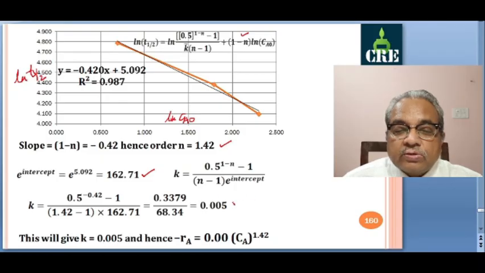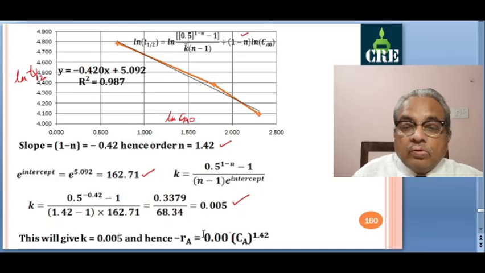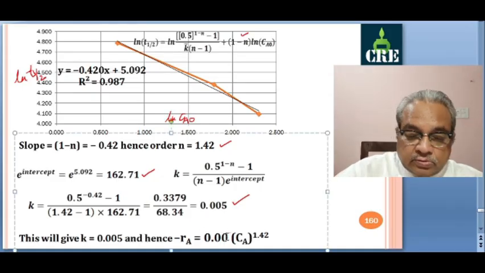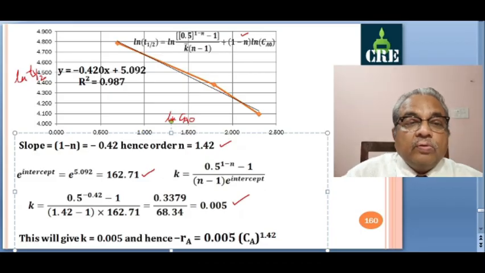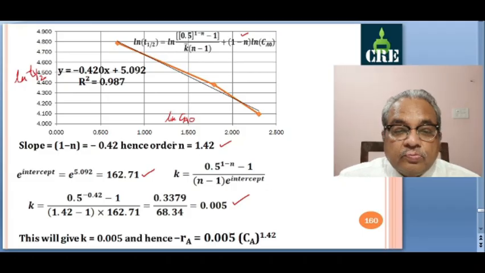When you calculate this, you get k as 0.005. So minus RA is equal to 0.005 CA raised to n, n is 1.42.